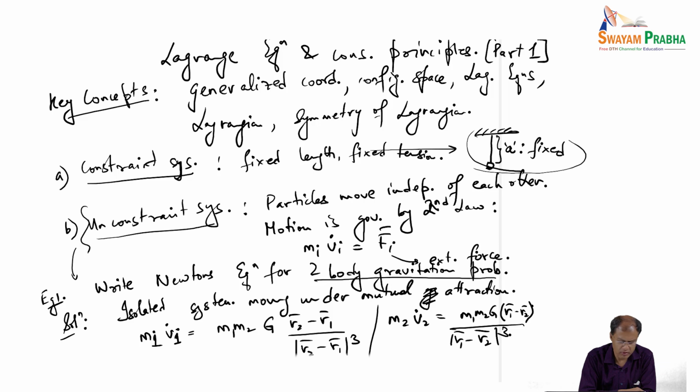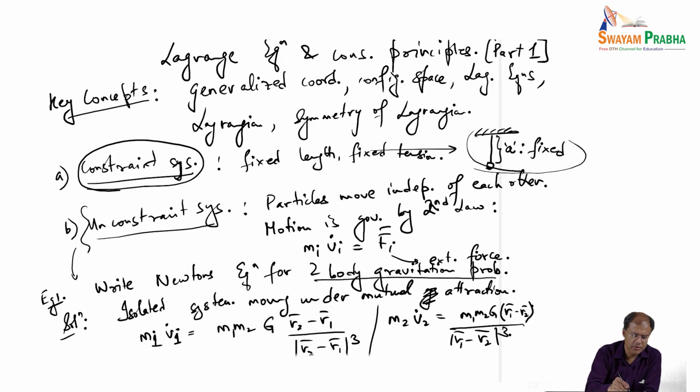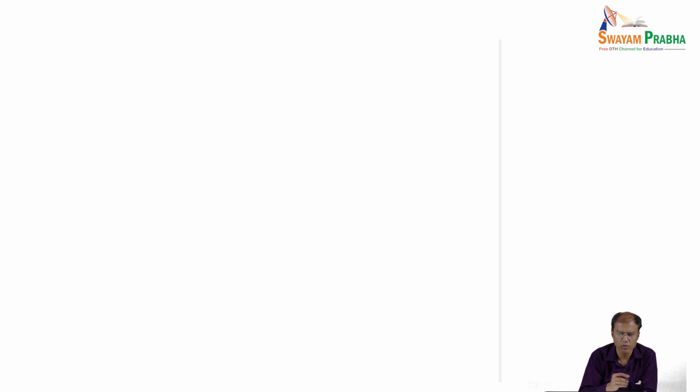Now let us come back to our discussion on the constrained system. Let us talk about what types of constraints we could have. The first type are those involving only fixed length, or constraints which are typically integrable.